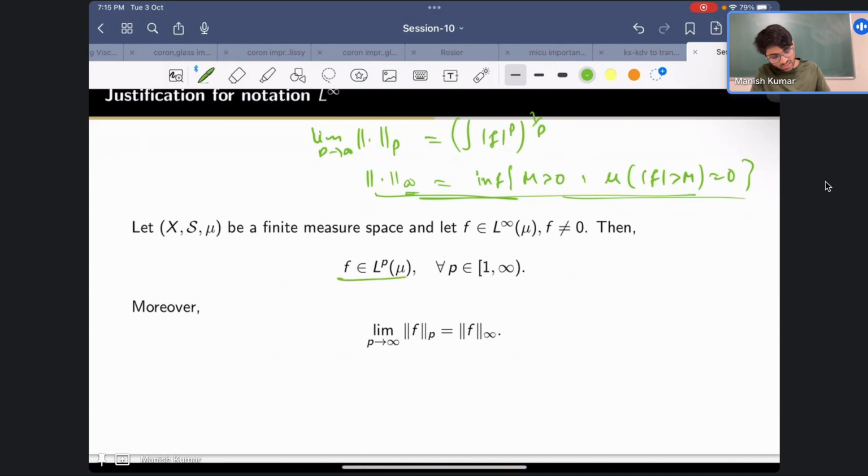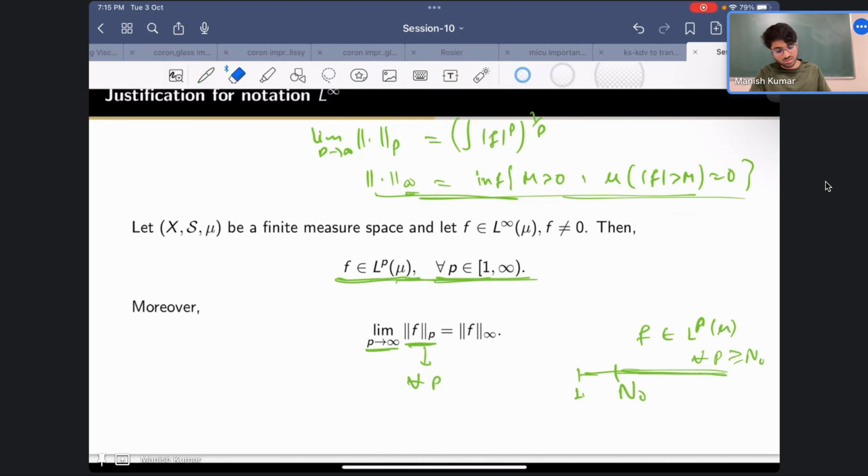So if f is in L^p for all p, that has to be defined for all p. In fact, even after a certain stage, since we want to take the limit as p goes to infinity, suppose there exists some n_0 such that f belongs to L^p(mu) for all p greater than or equal to n_0, then this is also true, and I will prove this in an exercise problem.